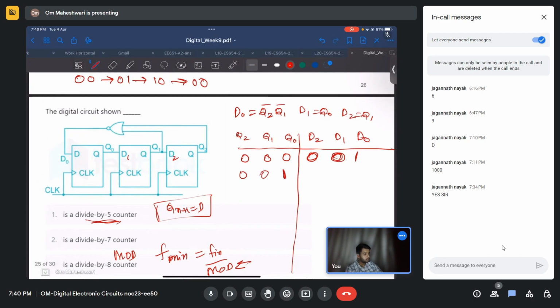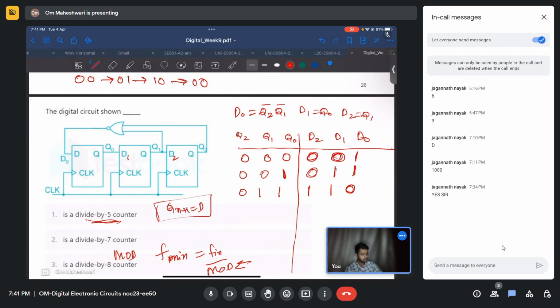Now again D2 is Q1, that is 0, D1 is Q0, that is 1, and D0 is Q2 bar Q1 bar, which is 1. Here 0 1 1. Then D2 is Q1, D1 is Q0, D0 is Q2 bar Q1 bar.